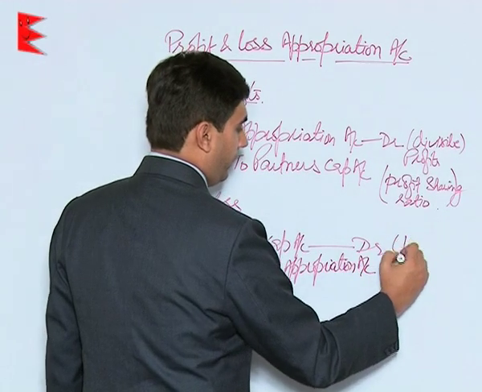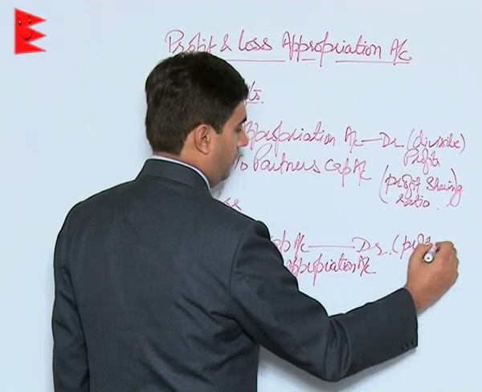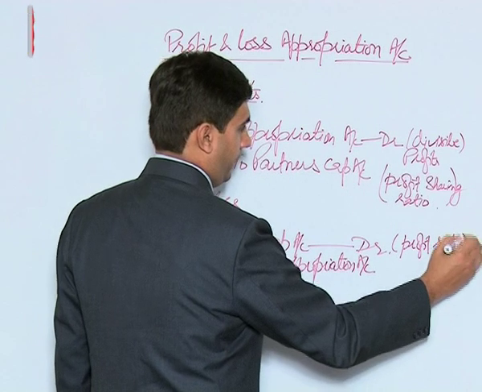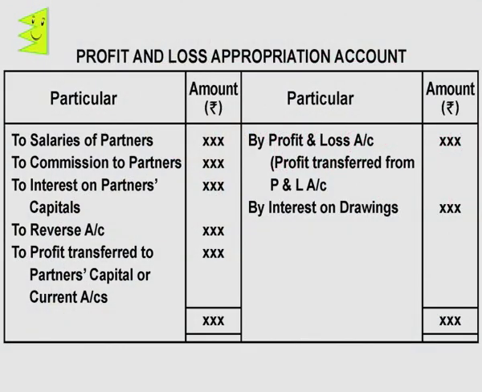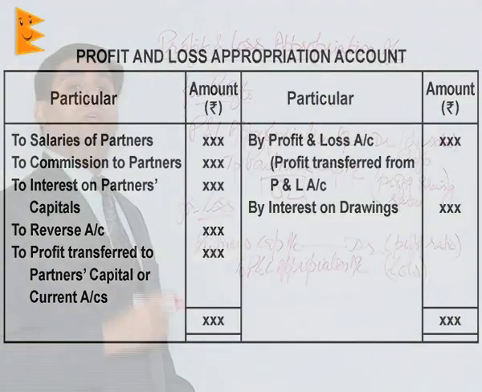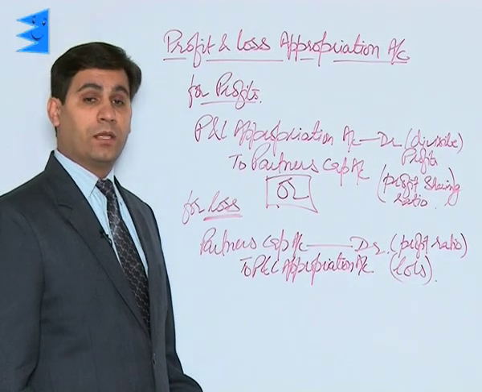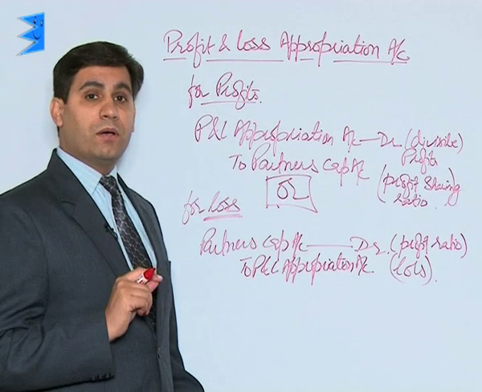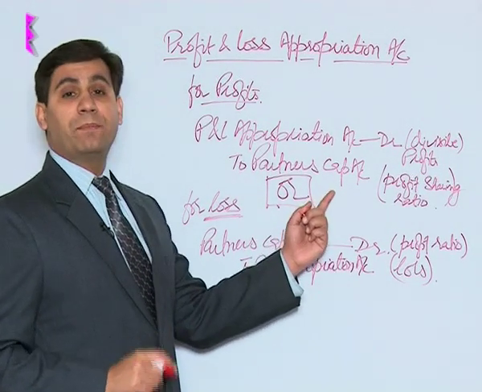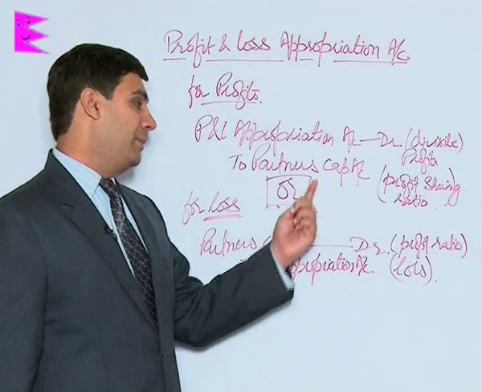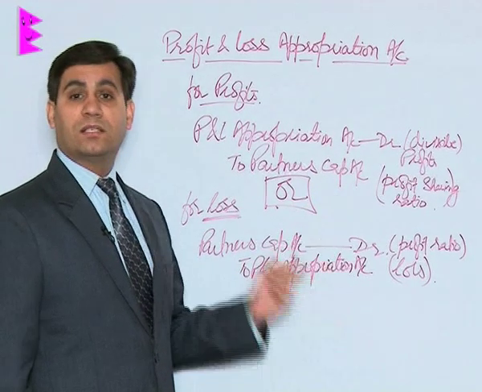This would be in profit sharing ratio and it would be the amount of loss. Remember, I am writing it as or because only one of these entries would be passed. Either there would be profit or loss which has to be adjusted among the partners capital account. Now students, just remember one point. In case we are preparing current accounts, then replace partners capital account by partners current account.